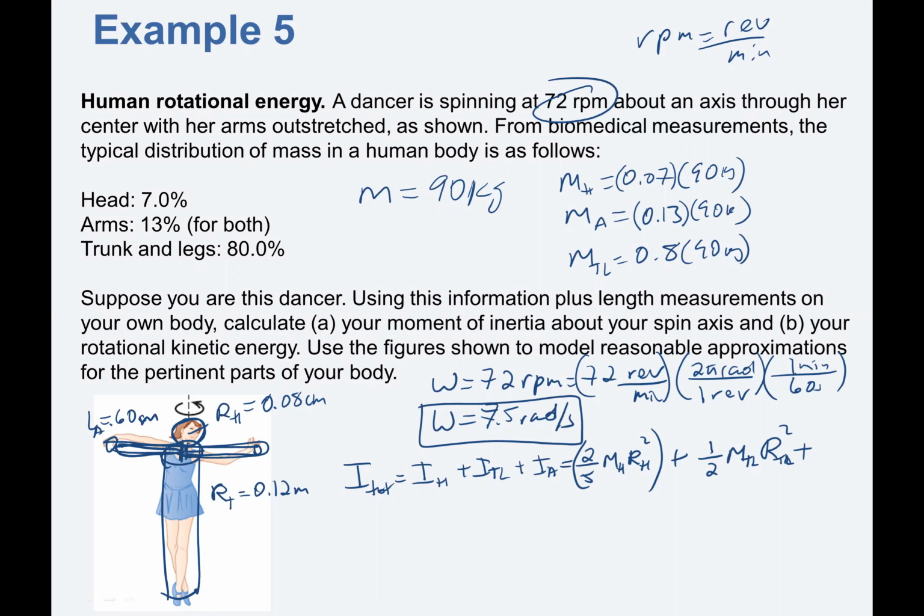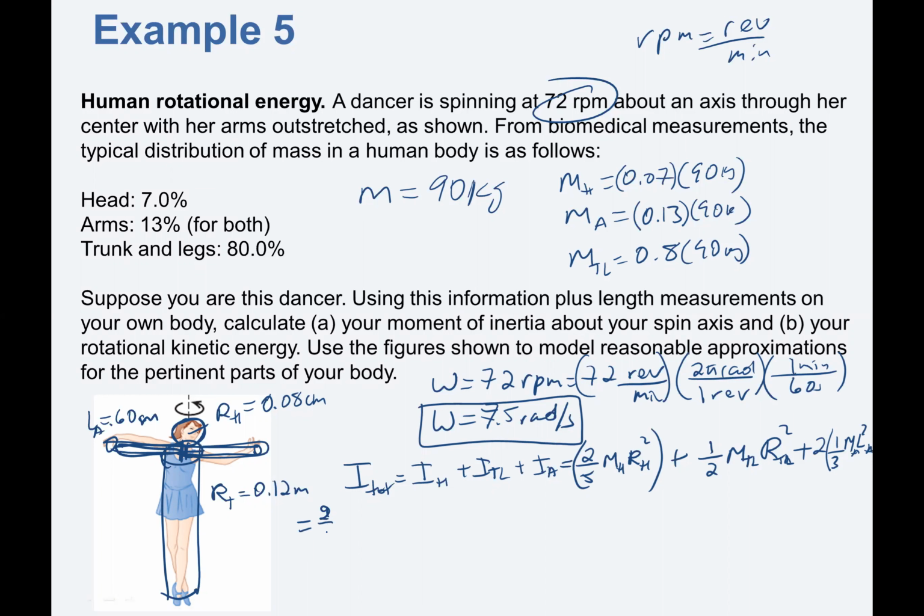So it becomes 2 times 1/3 mass of arms times length of arms squared. All right, I'm kind of running out of room over here. Okay.